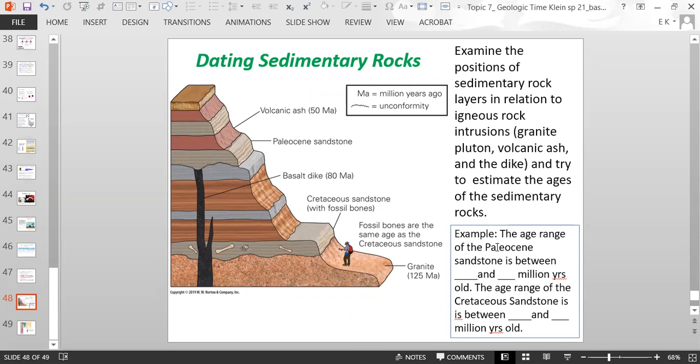So for example, the age range of the Paleocene sandstone, which is here. We could figure out the age range in millions of years by looking at the volcanic ash and the igneous intrusion. And then we could get the age range of the Cretaceous sandstone down here using the granite pluton and the igneous intrusion.